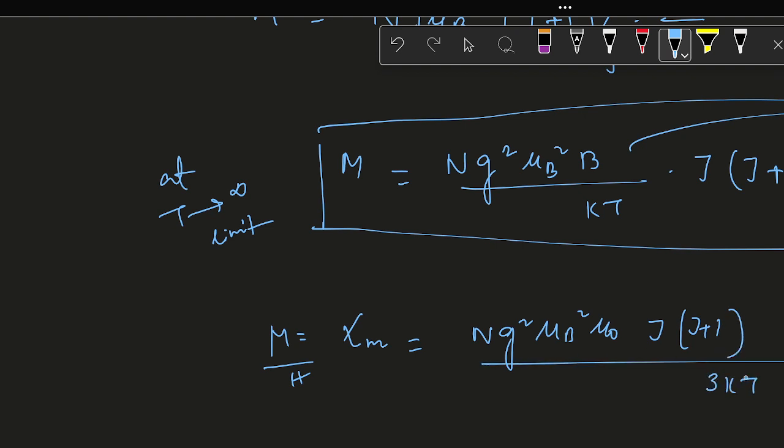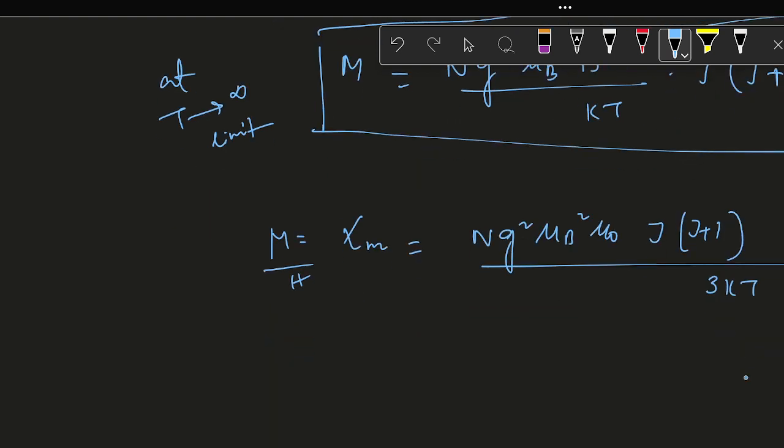But that is not the point. The main point is that now you can say, taking out all the constant terms aside, we can write this effectively as mu_J whole squared, which is the effective moment, or effective dipole moment, for each atomic dipole in the system under this quantum paramagnetic theory.